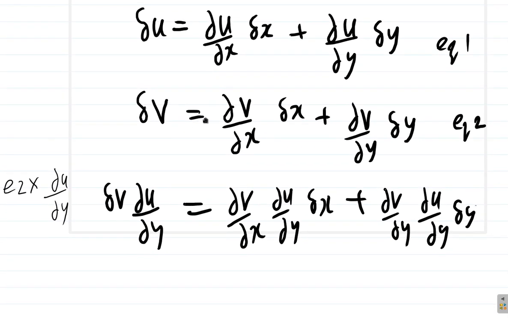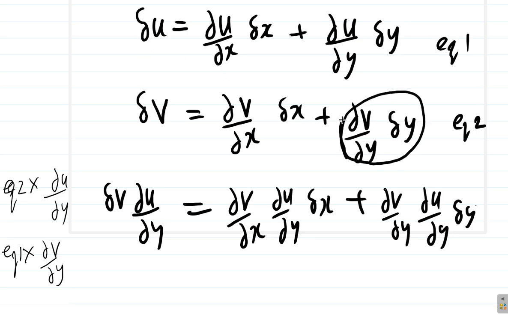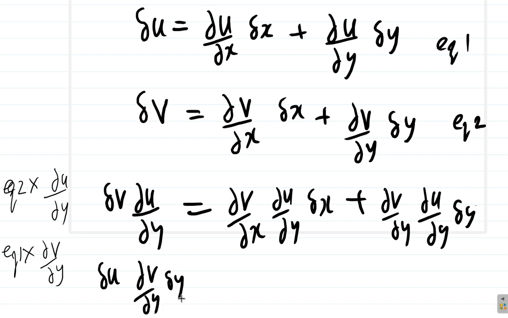After that, we're going to have equation 1 multiplied by delta V by delta Y. So let's see what happens. Delta V by delta Y multiplies delta U, so delta U and delta V by delta Y, change in Y, is equal to... no, change in X, I mean.